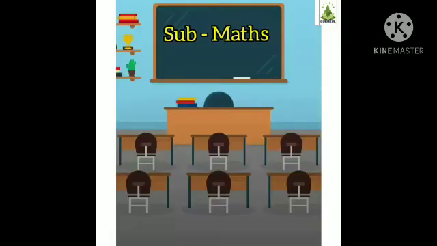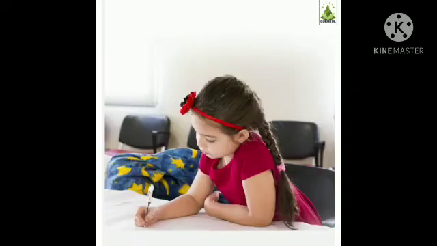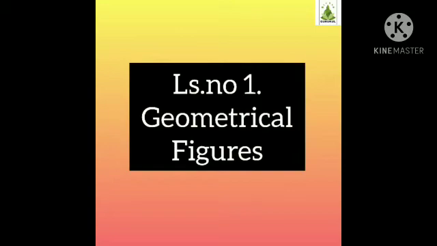Our today's subject is Maths. As we are studying lesson number 1, today we will learn the next content. But before that, we will do a quick revision. Now tell me what we have studied in the last lecture.